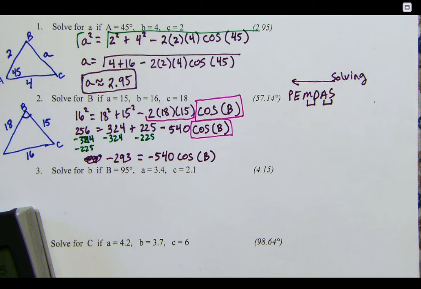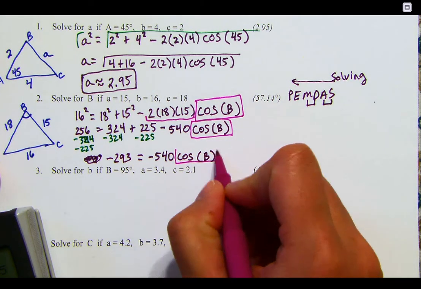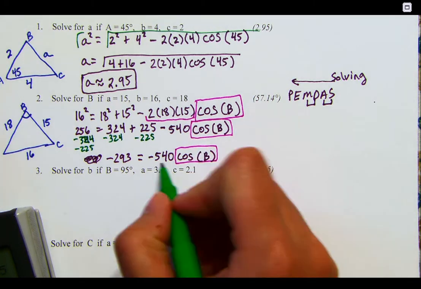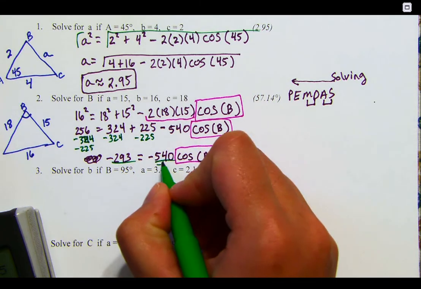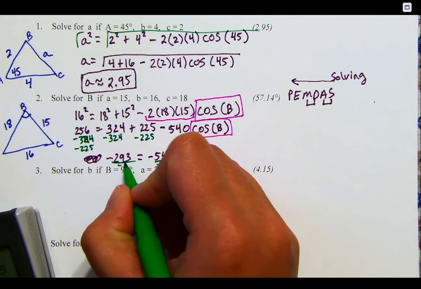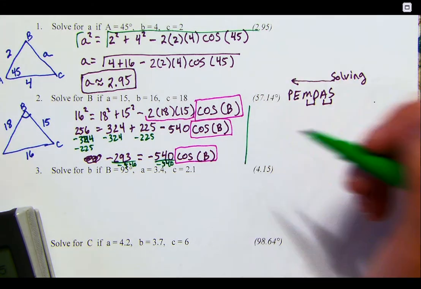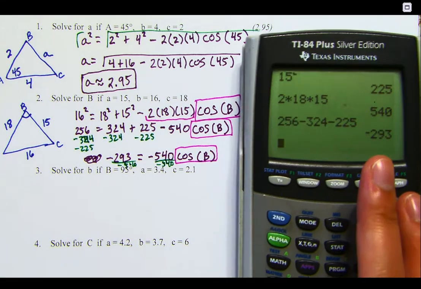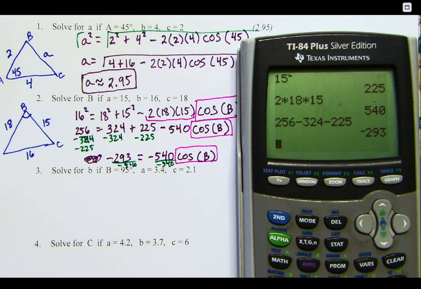All right, so again, the goal is trying to get this by itself. The next thing that we have to do is get rid of this 540. To do that, we are just going to divide both sides by that negative 540. And we want to leave it as a fraction. If you are doing this on your calculator, just have the calculator take care of the fraction part for you.